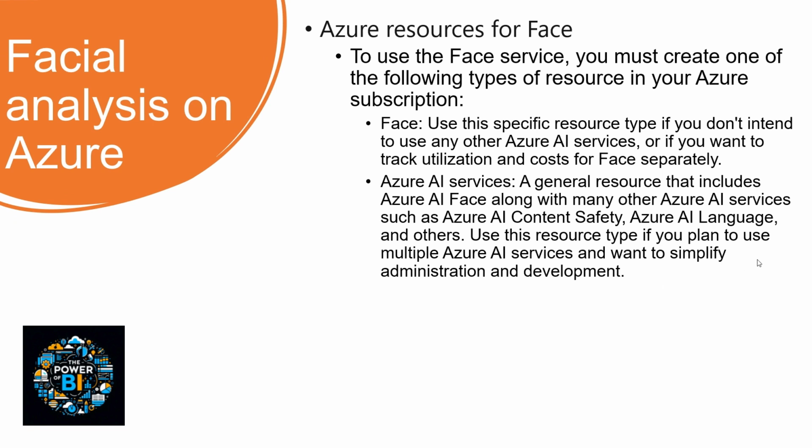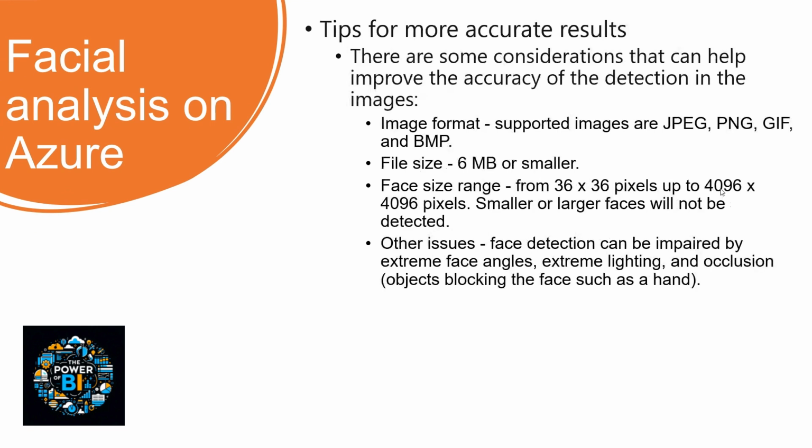Once you are ready to start with resource allocation and using the AI Face service, there are some tips to achieve better results, like image format, file size, and pixel size range, and also the reduction of noise. These are not minimum requirements, but if you follow the image formats and file or pixel sizes, you will get more accurate results.